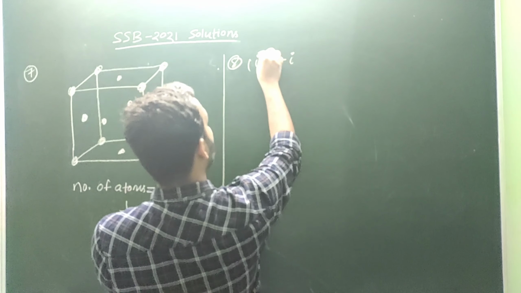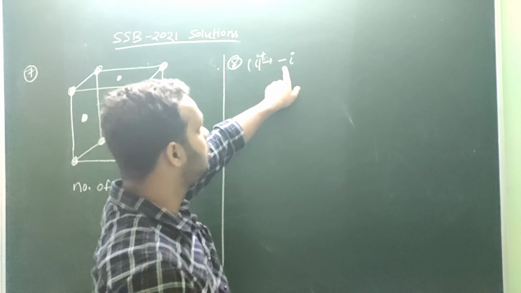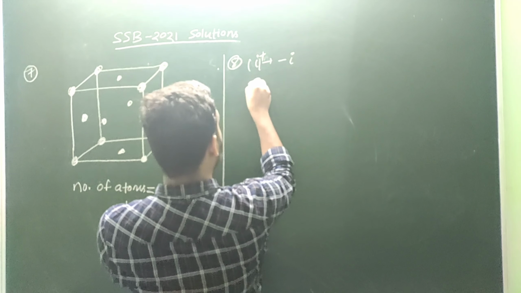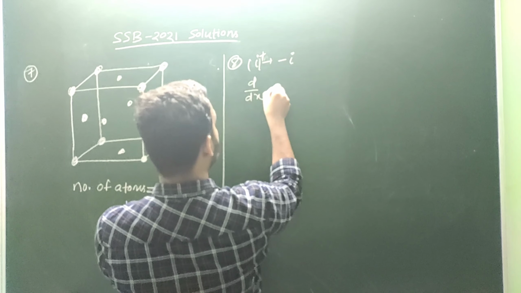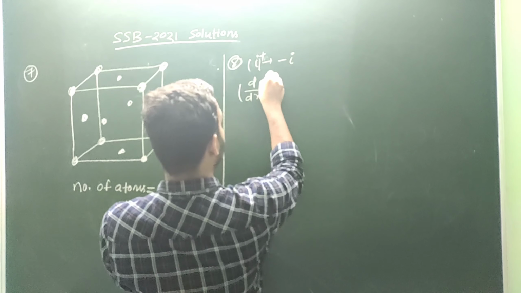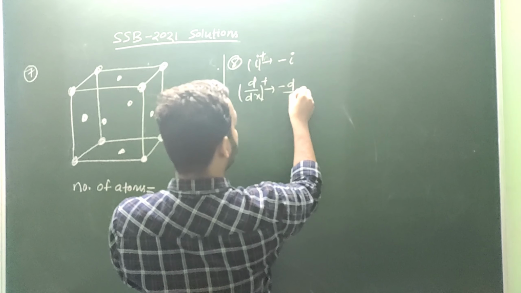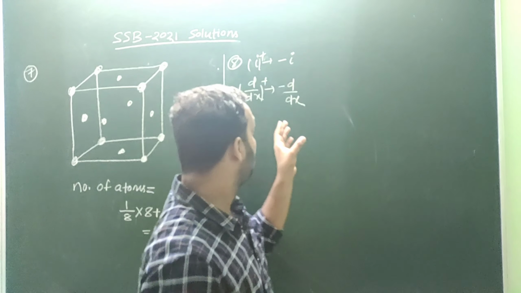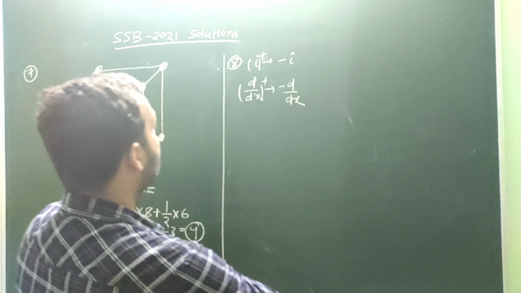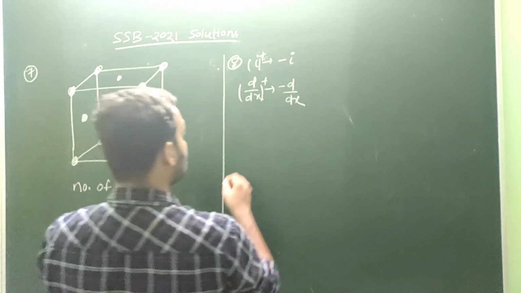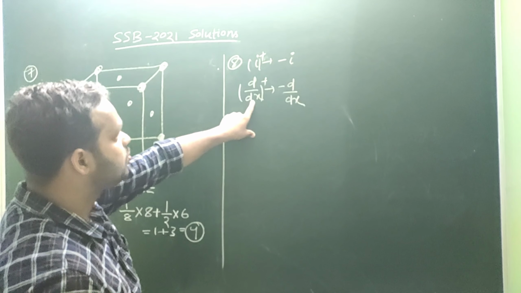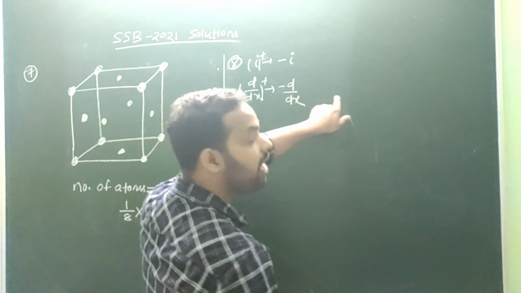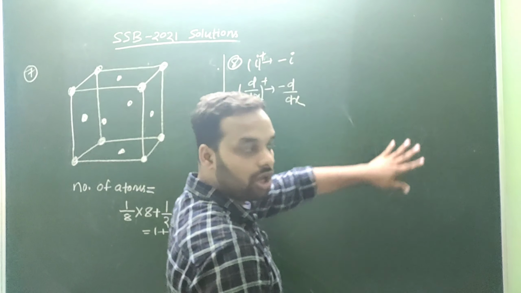And d by dx, if you take its Hermitian conjugate, will also give you minus d by dx. So both are anti-Hermitian, right? So in one option, this was given d by dx, so this will be anti-Hermitian, so this is not Hermitian.